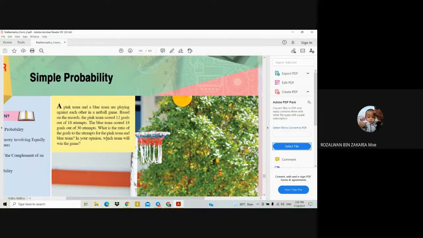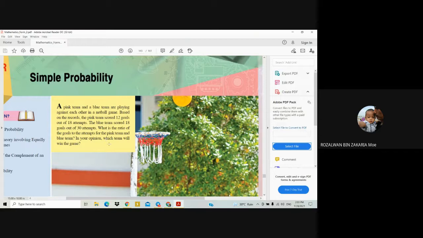If you find the ratio of the goals scored by the pink team, which is 12 over 18, and then the ratio for the goals scored by the blue team, which is 18 divided by 30, you will find that the ratio obtained by the pink team is higher compared to the ratio obtained by the blue team.